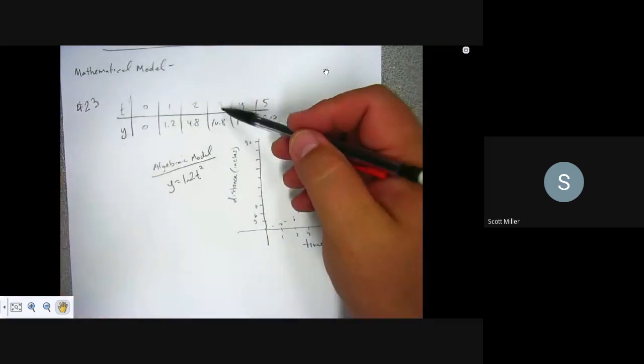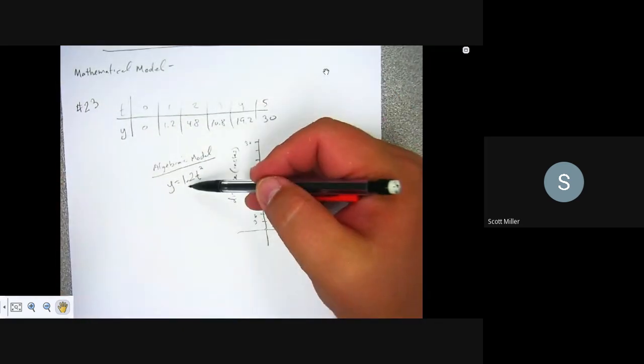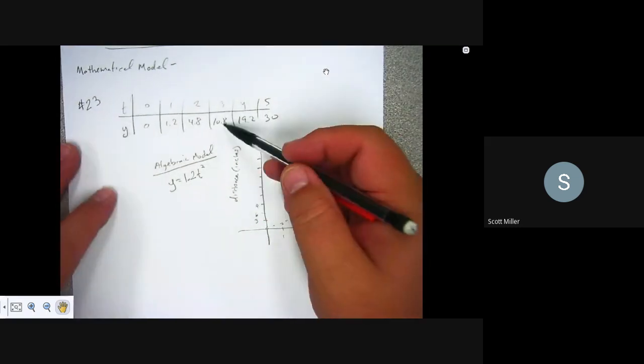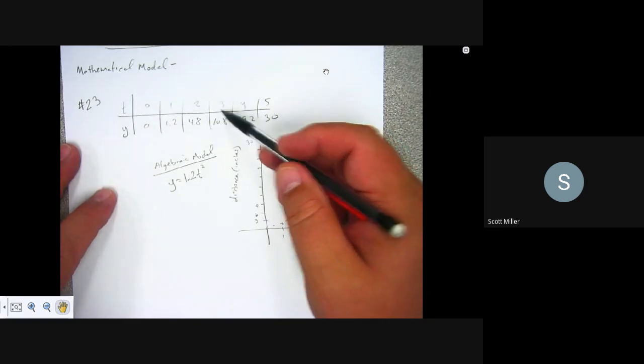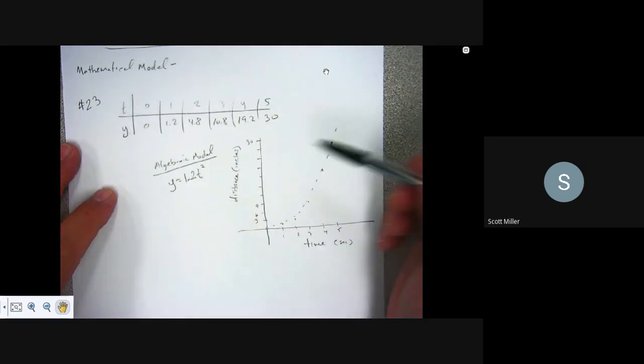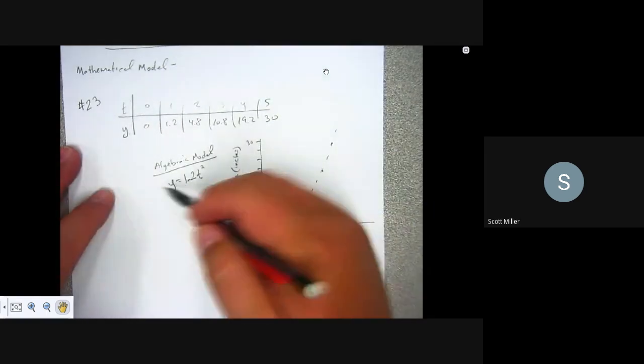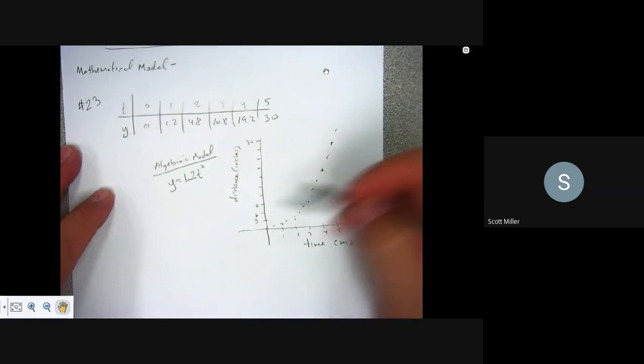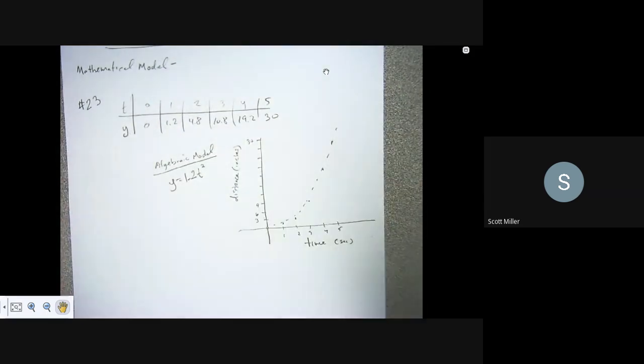So if I took 3 and squared it, I get 9. Take 9 and times it by 1.2, I get 10.8. Okay? And you can try it out. It should be pretty close to 10.8. And this would be the algebraic model that we determined from our data. And the visual representation helped me narrow down a choice.